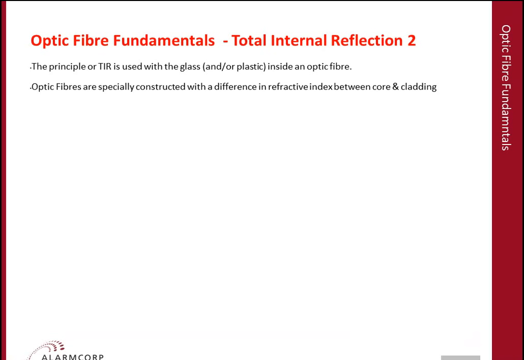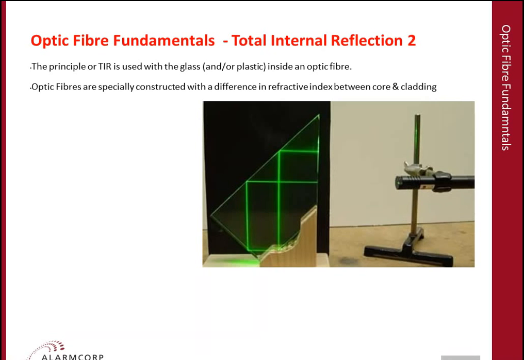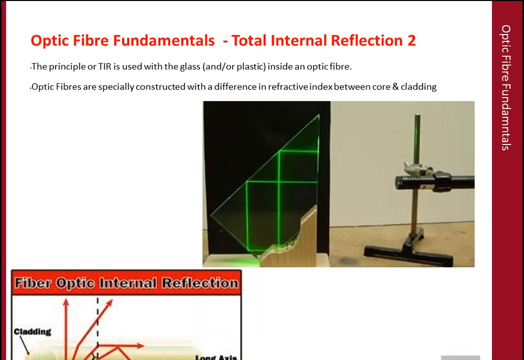It is this principle that's used with the glass or plastic inside an optic fiber. And the way optic fibers are made is that there is a difference in refractive index between the core and the cladding. So you see here again we have a plastic prism, light being shone into it, and hitting at the right angle it is reflected within the plastic. It doesn't actually exit until it hits it at the right angle.